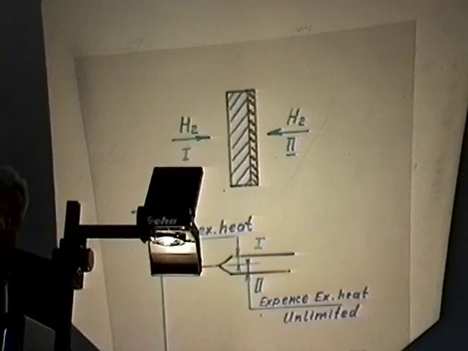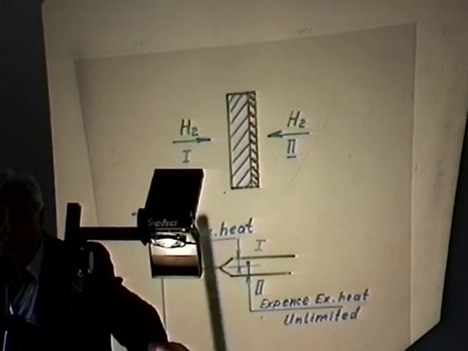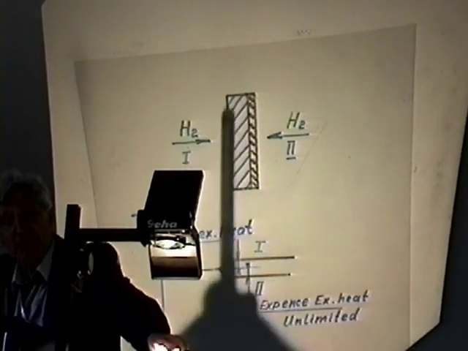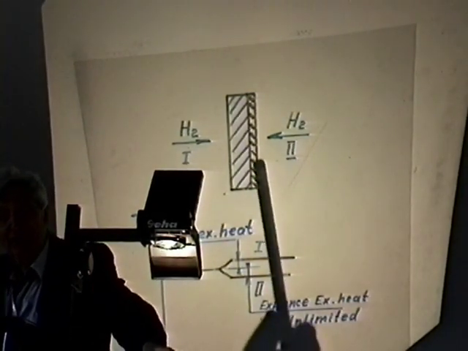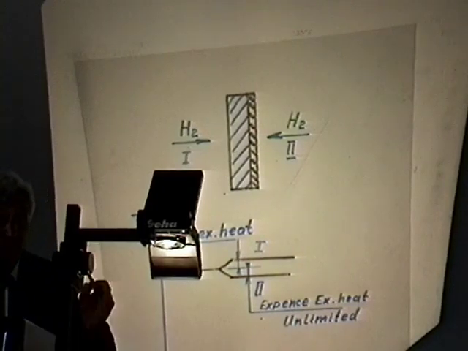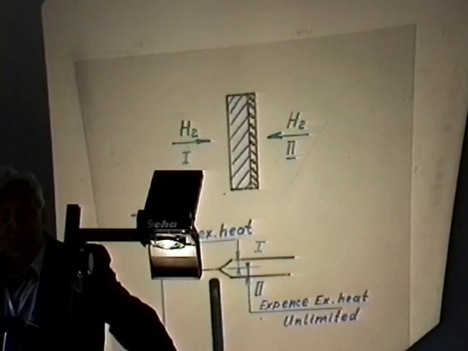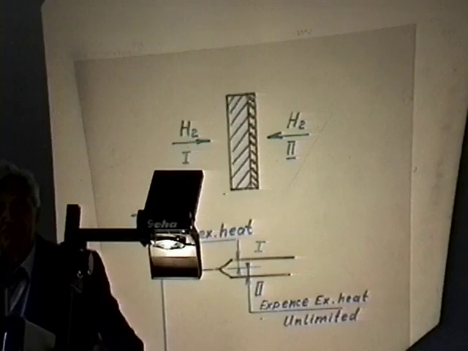You have the effect in both directions. If you pass hydrogen through the sample with cover on the exit side, you may have excess heat generation.